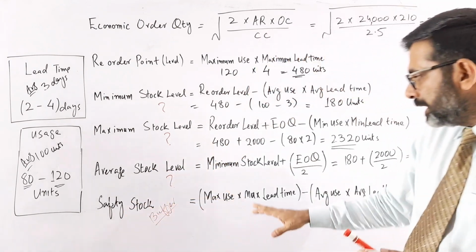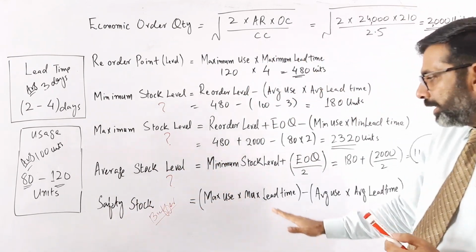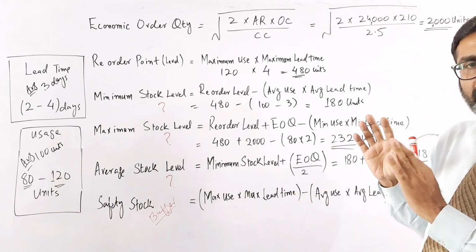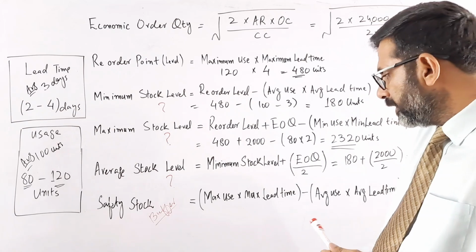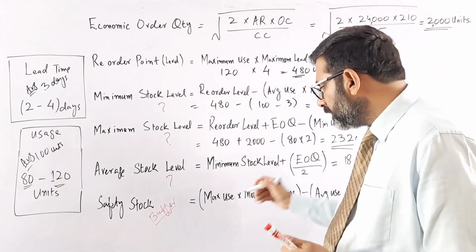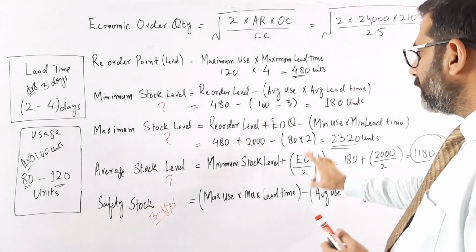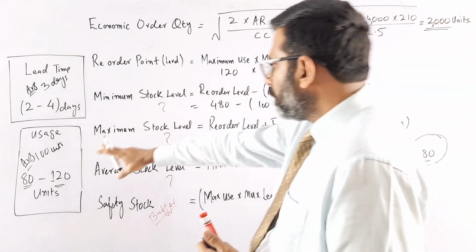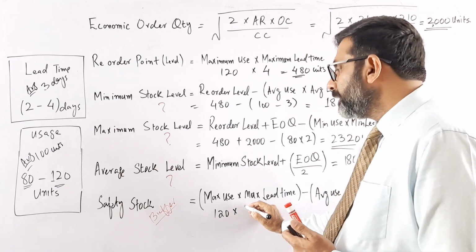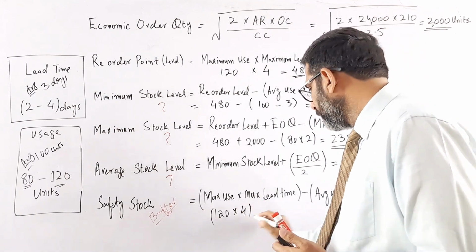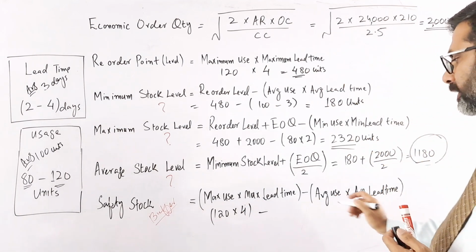So how is it calculated? Maximum usage and then the maximum lead time. We are assuming that there will be a maximum usage and a maximum lead time. The maximum usage we have already calculated here is 120, and the maximum lead time is 4, minus the average usage into the average lead time.